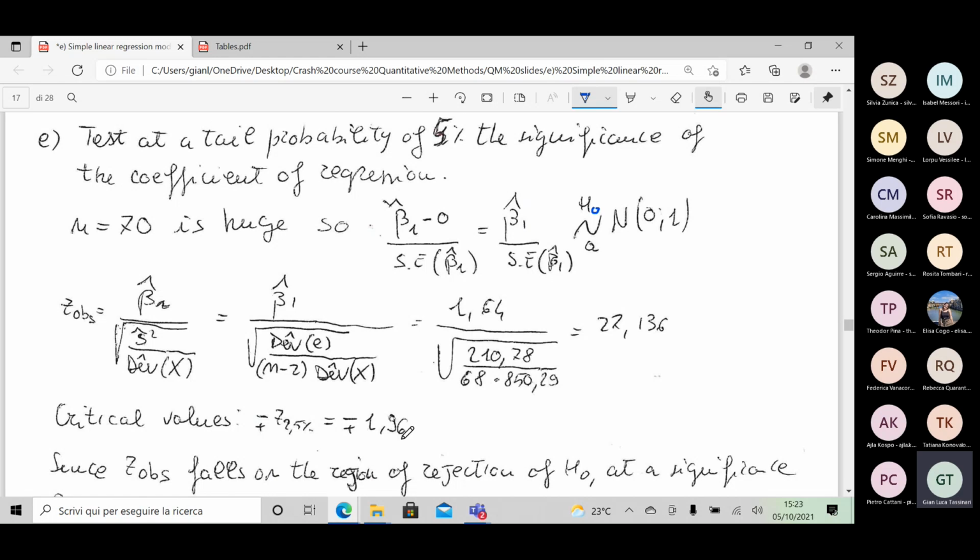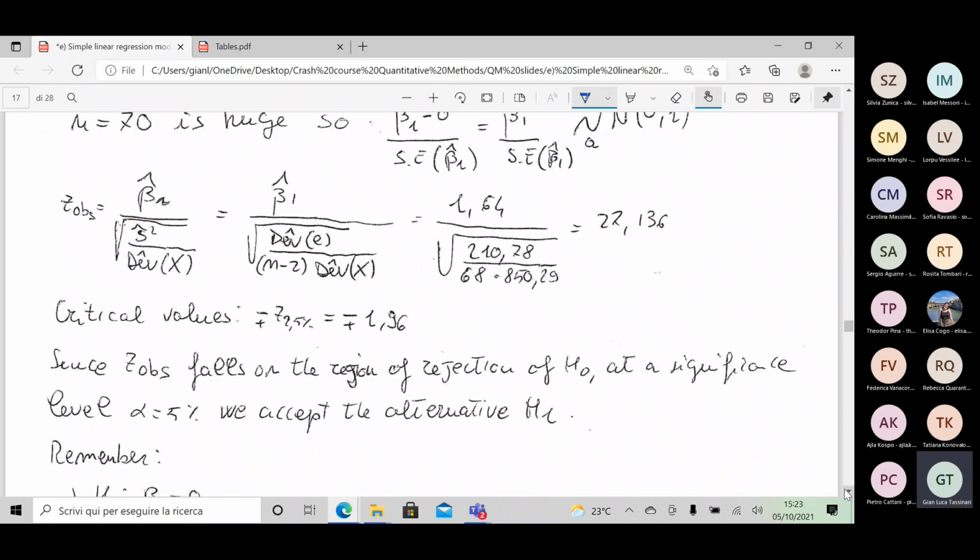So this means that we reject the null assumption in favor of H1. So we believe that the years of education play an important role in explaining the level of income. So in particular, that there is really a linear relationship between the expected level of income and the years of education. And here is all the explanation.